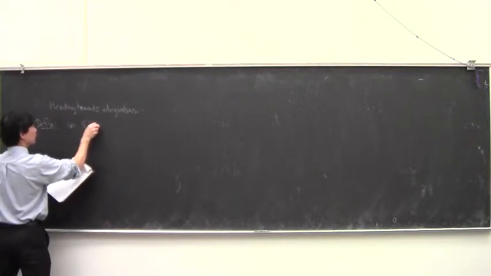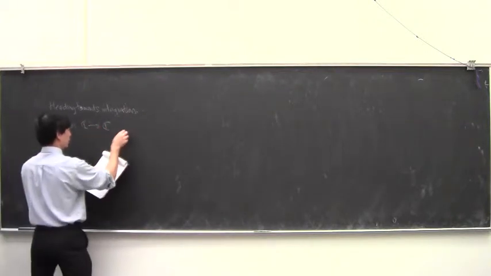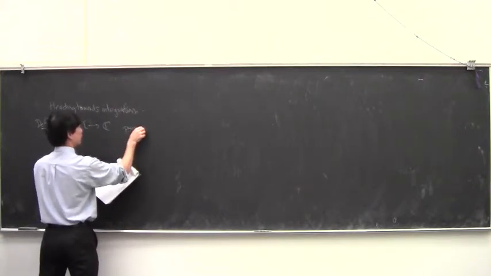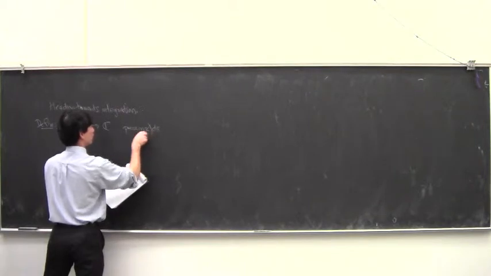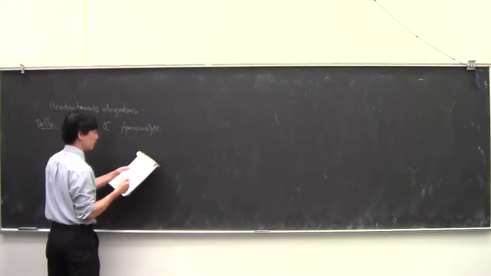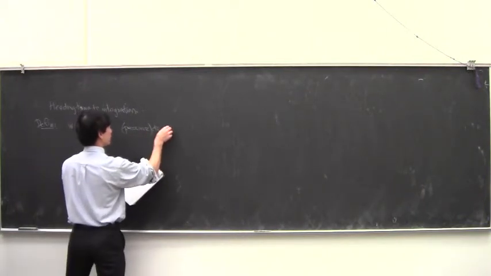So you have some complex value function. And let's say that it's continuous, or it just needs to be piecewise continuous, but let's say it's continuous. So piecewise continuous complex function.